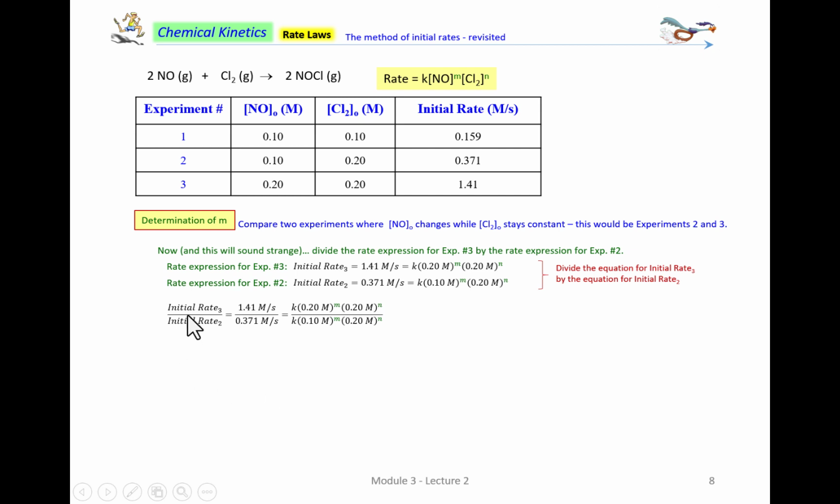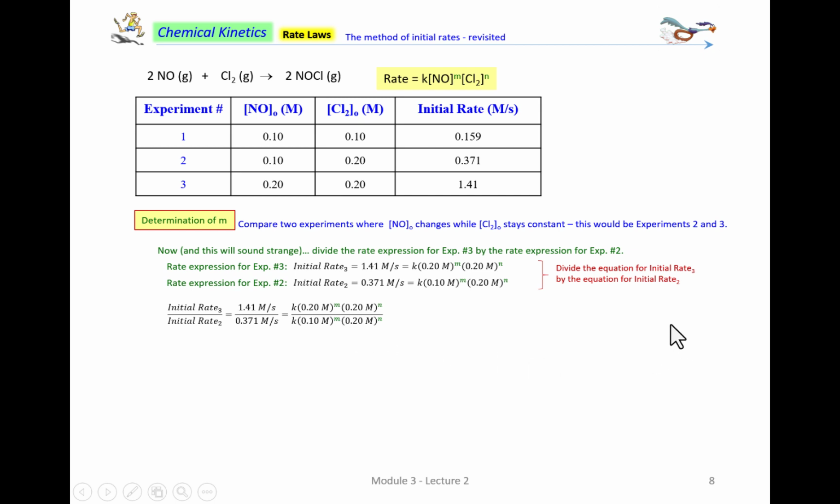So here's the rate expression for experiment 3. Initial rate 3 equals 1.41 equals k times 0.2 to the m power times 0.2 to the n power. And we're going to divide by initial rate 2, which is 0.371, equal to k times 0.1 to the m power times 0.2 to the n power.